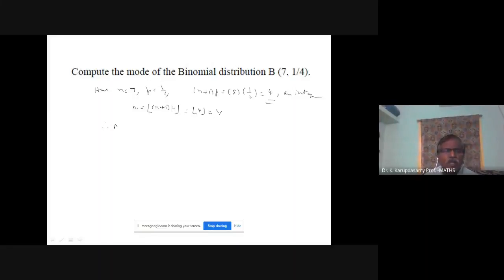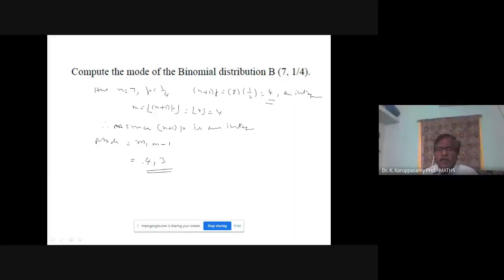Therefore, since n plus 1 p is an integer, there are two answers you are going to write: m and m minus 1 are the modes. That is 4 and 3. The mode is 4, 3.